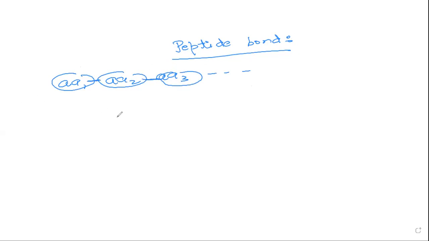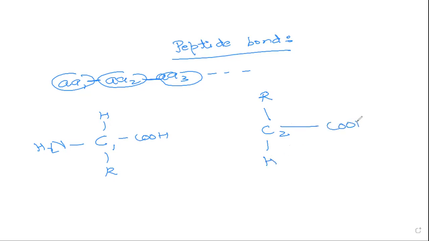What happens in a peptide bond is that we take two different amino acids. So, for example, this is amino acid 1. We have COOH and an amide group. Similarly, this is carbon 2, which signifies that this is another amino acid. This will have a carboxylic end and an amide end.